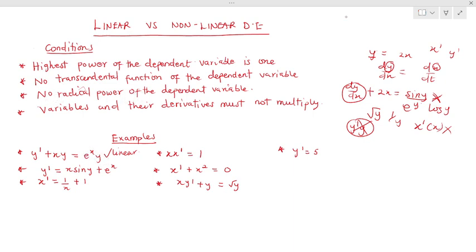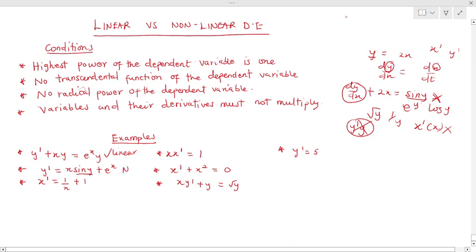There is no radical power, obviously, and the variables are not multiplying. There is nothing like y prime and y multiplied, so it's accepted. The second one, y prime is equal to x multiplying sine y plus e to the power x. Y prime is accepted, but sine y is not accepted, so it is nonlinear.